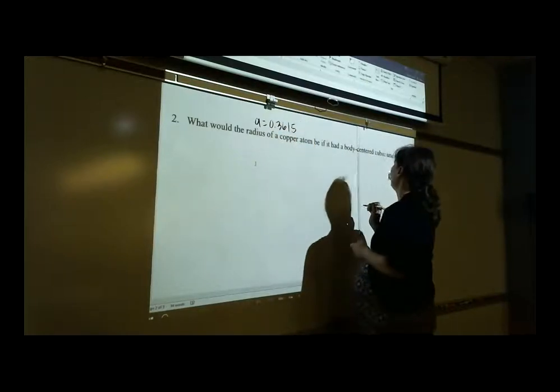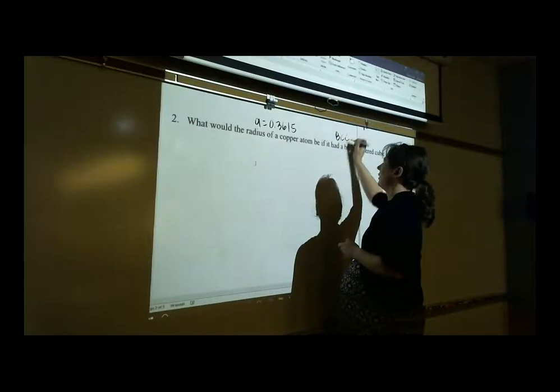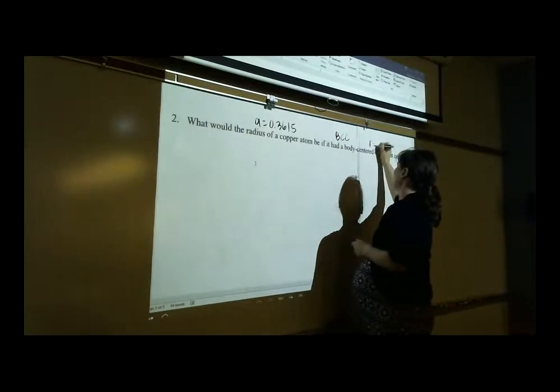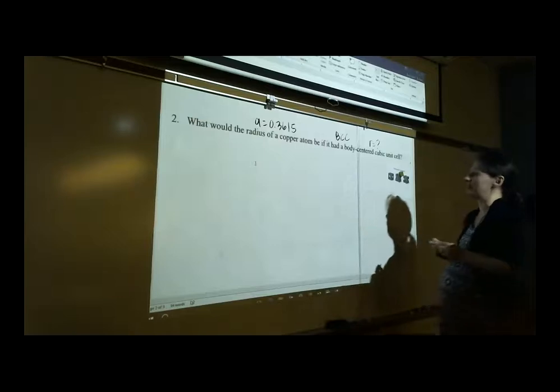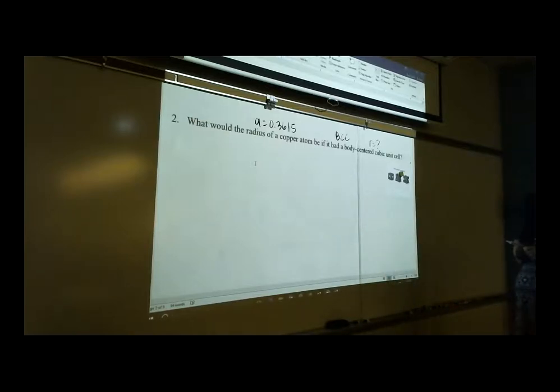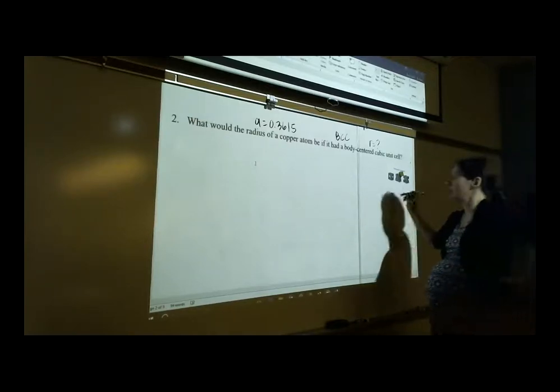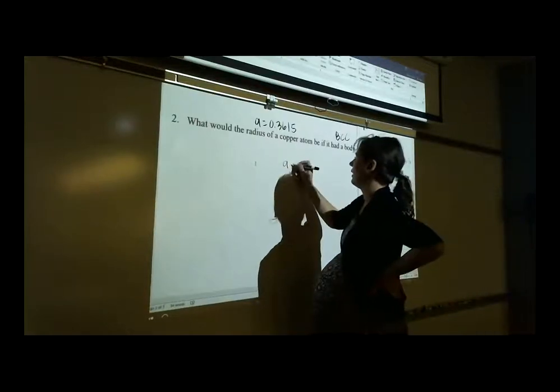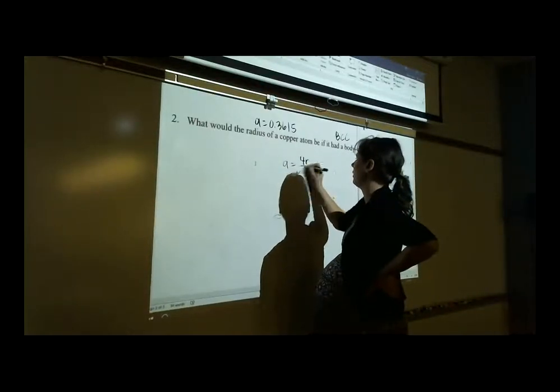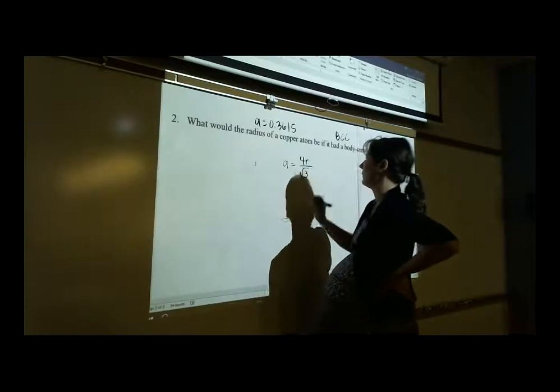And now it's BCC, and we want R. What's the relationship in BCC? A equals 4R over the square root of 3.